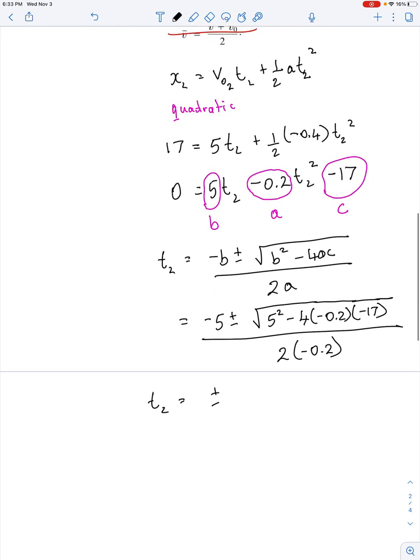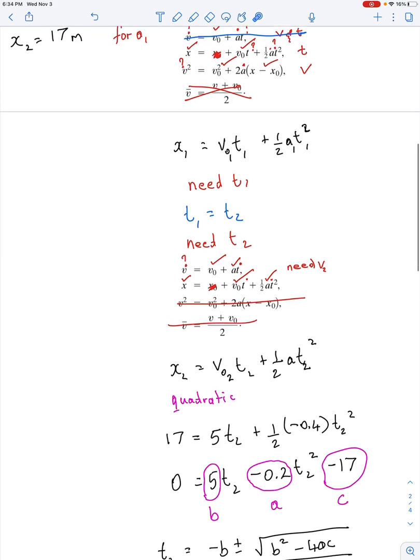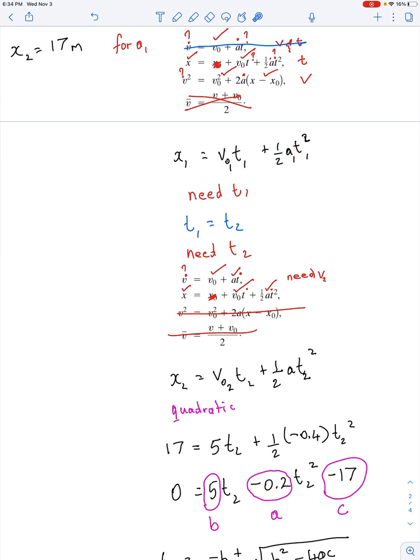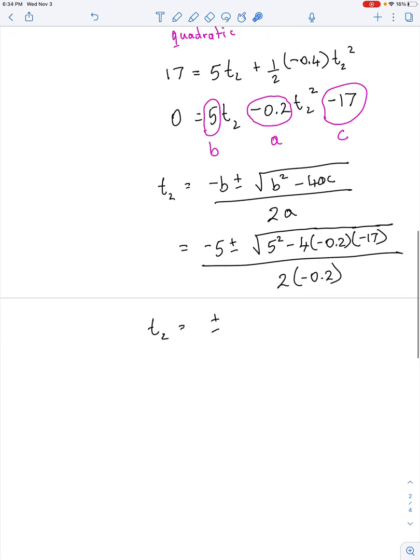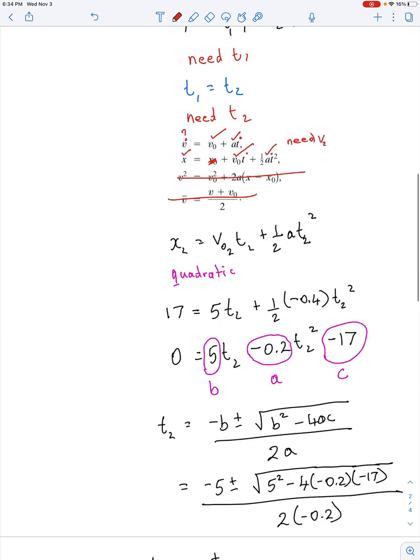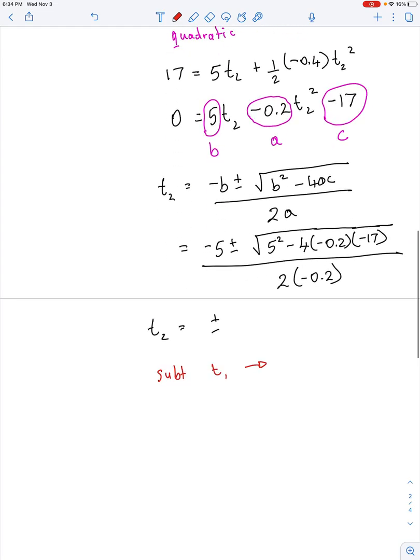And then all you do now is substitute the value of whatever you get here back here, because T1 is T2. So whatever value you get, you substitute it back into this one. Remember, you have to do that part on your own. Substitute T1 into the equation for x1.